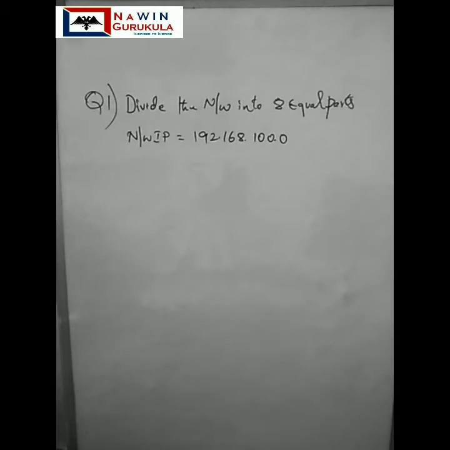So in this case, what you are supposed to do is very simple. As I previously discussed in my class, first you need to consider how many networks there are and how many total hosts there are. The question asks me to divide the network into 8 equal parts, right?